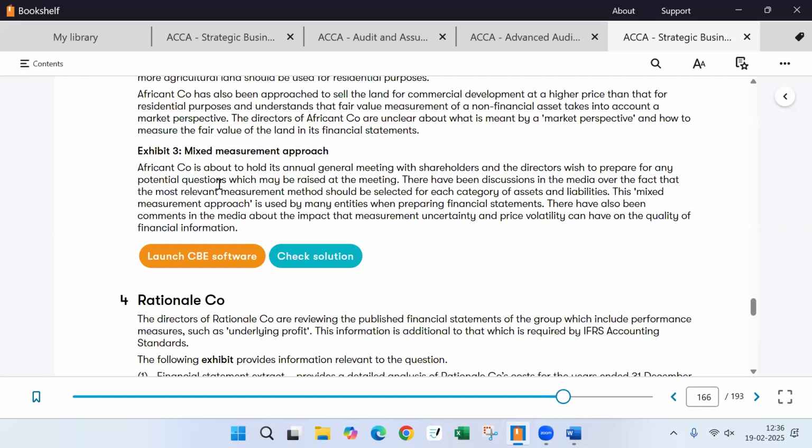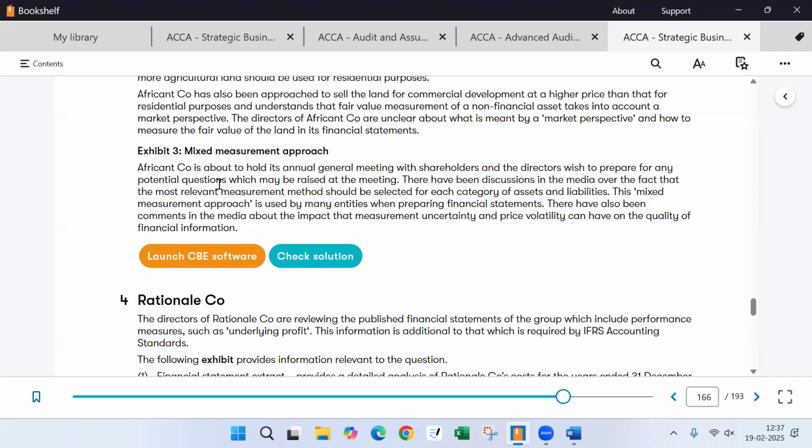Now, what are the problems of mixed measurement? With mixed measurement, for certain assets you will use current value, which is the revaluation model. Certain assets you might use what? Cost model. For certain types of transactions, you might use some other measurements, and for certain other transactions you will use other methods, correct?